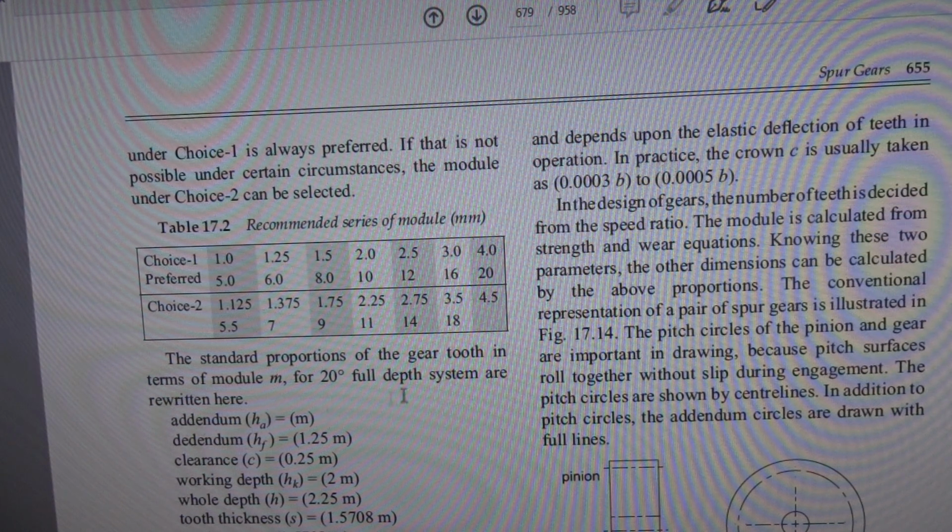Addendum for the 20-degree full depth system is equal to module. Dedendum hf is 1.2 times the module. Clearance is 0.2 times the module. Working depth is equal to 2 times module. The whole depth is equal to 2.25 times module.